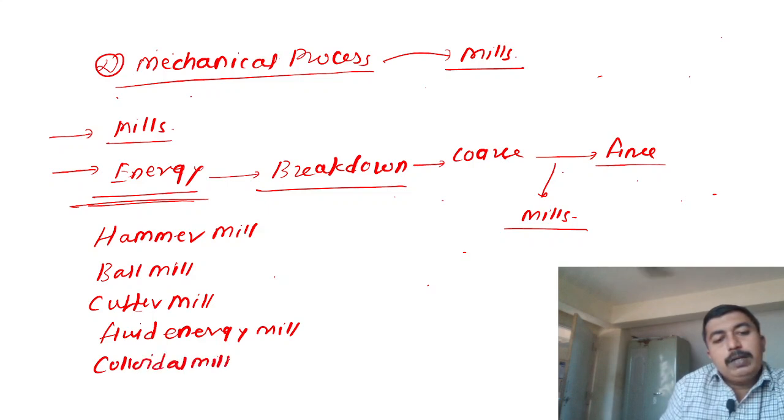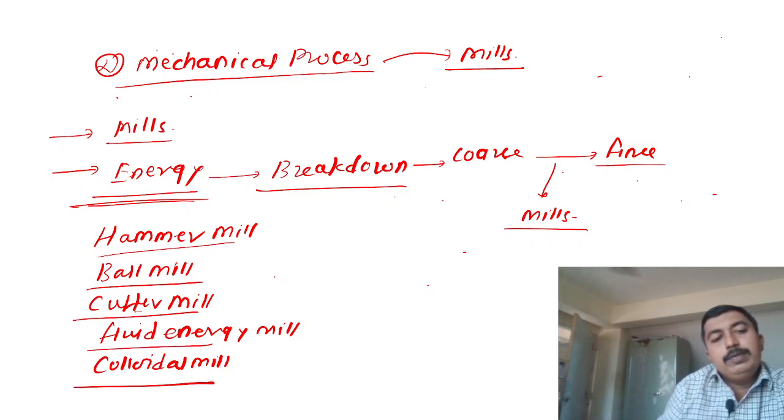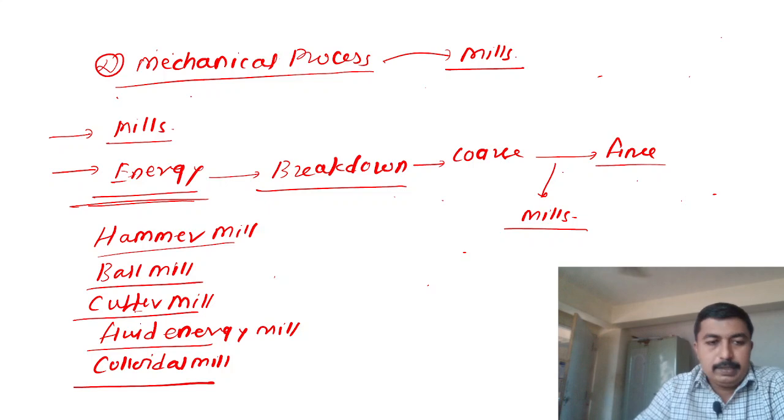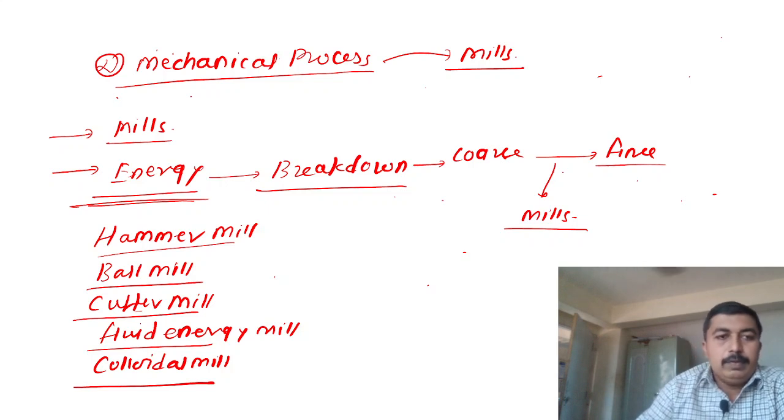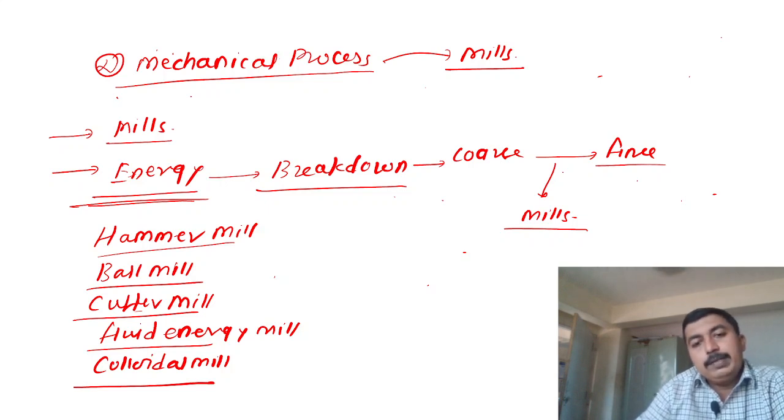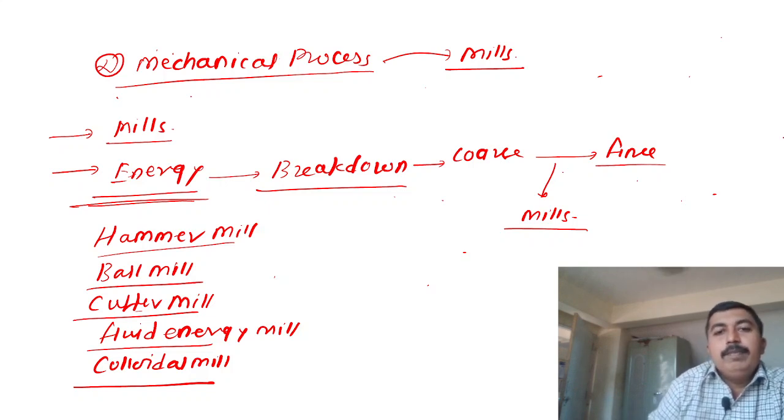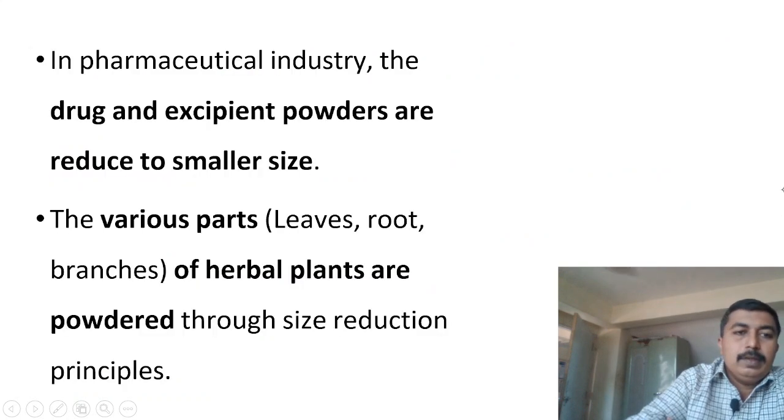So these are commonly utilized mills for particle size reduction. These are all things we have in our syllabus, which we will cover in the next subsequent lectures. So in the mechanical process, the powder particles are broken with the help of mechanical energy, which is applied with the help of different equipment, and these equipments are commonly known as mills.